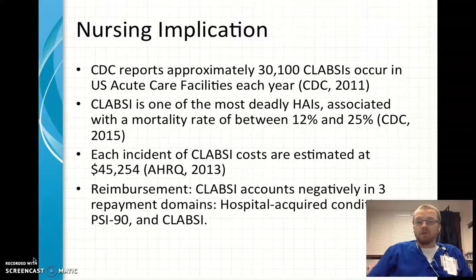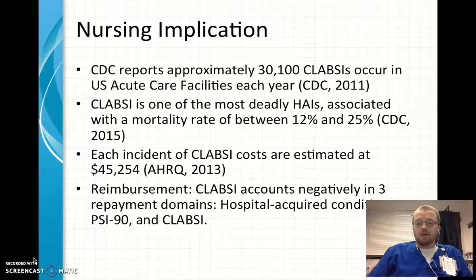And CLABSI is one of the most deadly hospital-acquired infections, with a mortality between 12 and 25%. So 1 in 4 people that get this and a catheter-associated infection wind up dying from it.